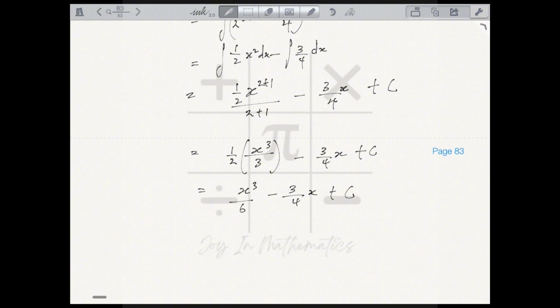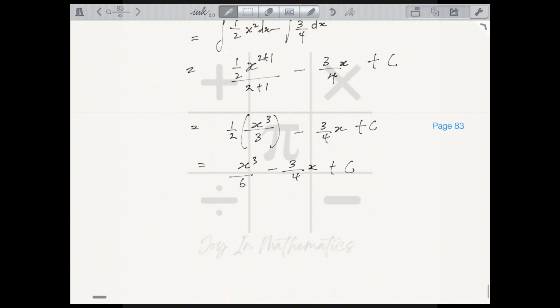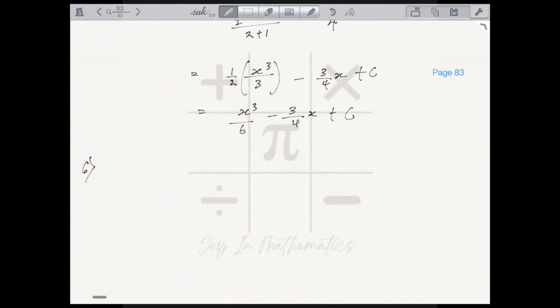Let's take one more example for this lesson. We're asked to integrate with respect to t the expression 1 minus t squared dt.